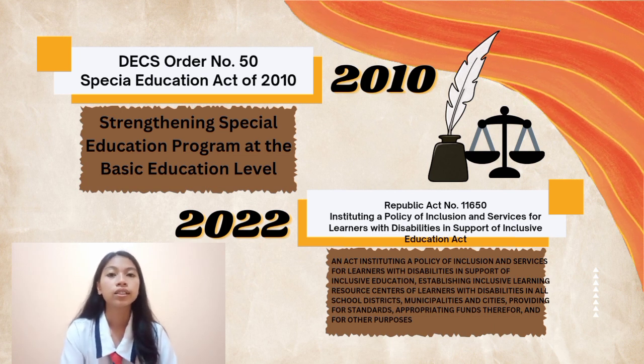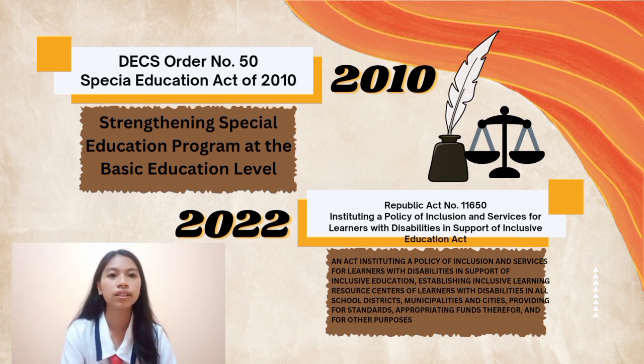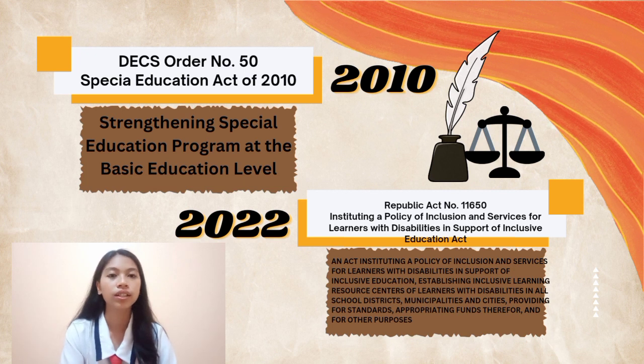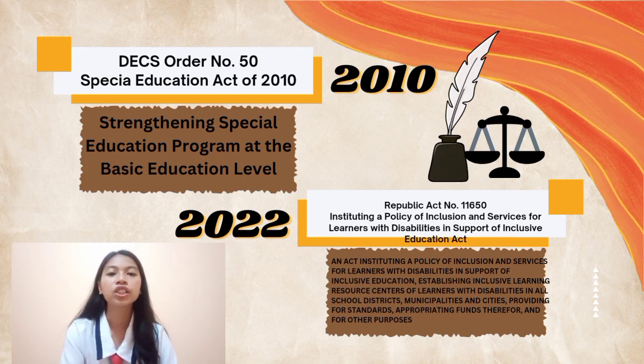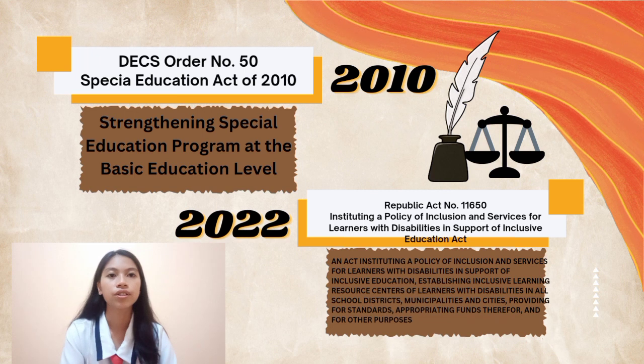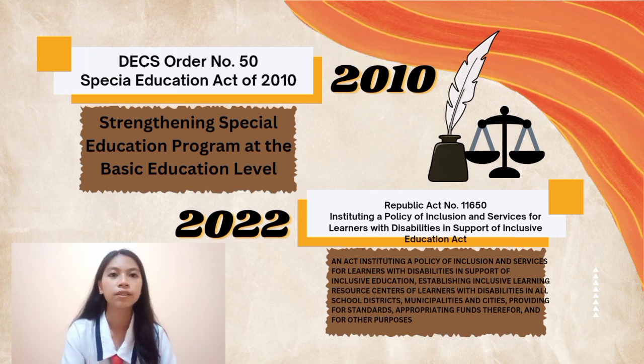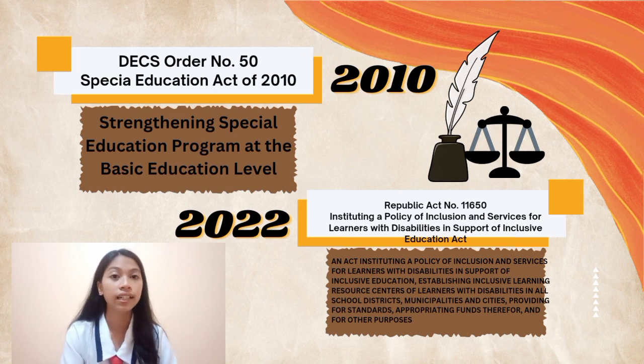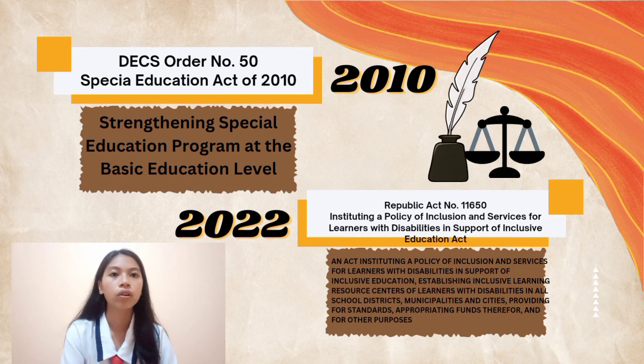So this is an act instituting a policy of inclusion and services for learners with disabilities in support of inclusive education, establishing inclusive learning resource centers for learners with disabilities in all schools, districts, municipalities, and cities, providing for standards, appropriating funds therefor, and for other purposes.